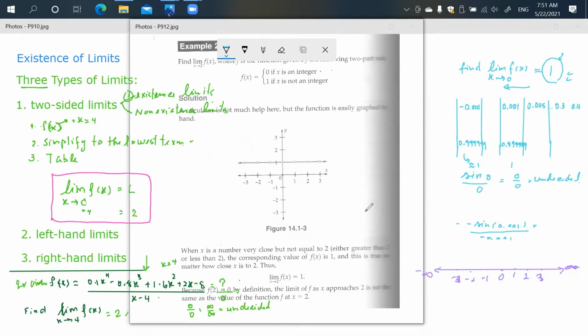Okay, so now we're gonna plot the first one first. First graph when f of x equal to 0 if x is an integer. So this is the first function. So then you say, if you say x is 0, right? x is 0 here, because 0 is an integer, so y gonna be 0, for the first one. So gonna be this dot, right? Maybe I use another color, pink color better.